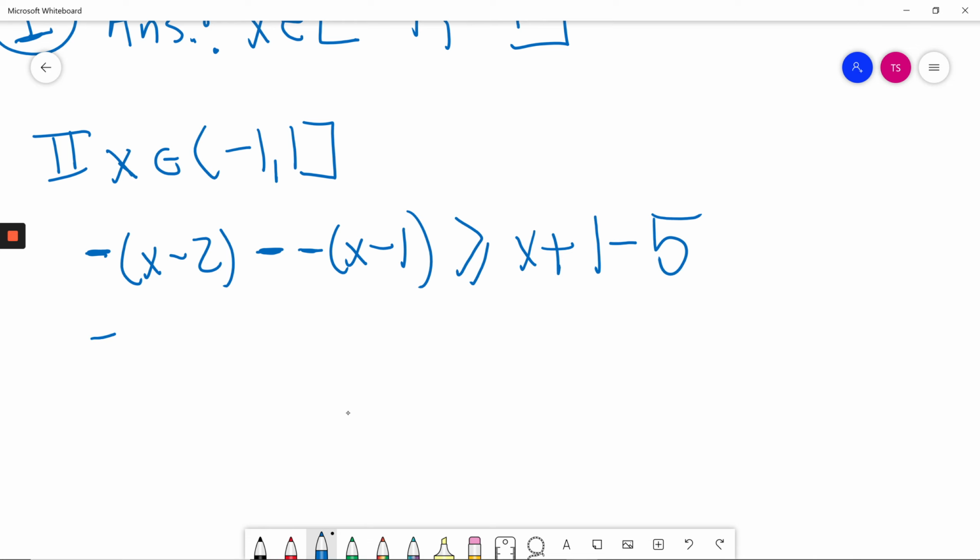This becomes minus x plus 2 plus, minus minus plus, x minus 1, more or equal to x minus 4.